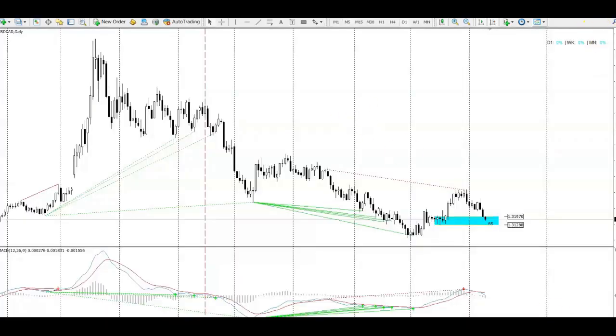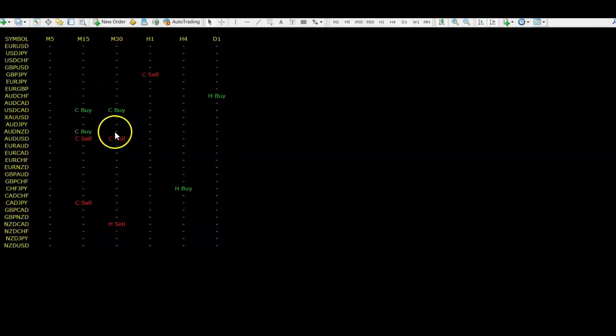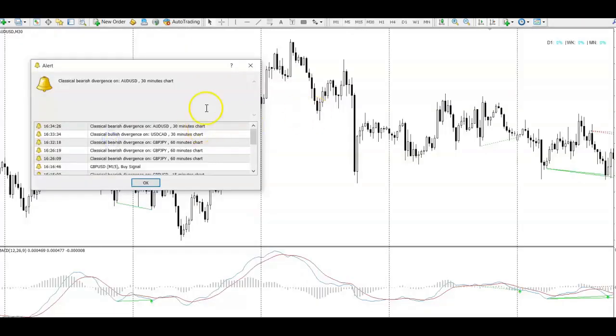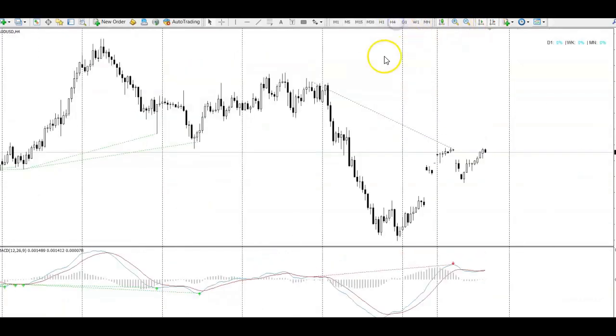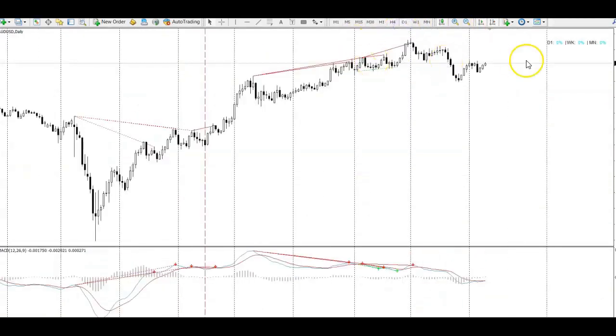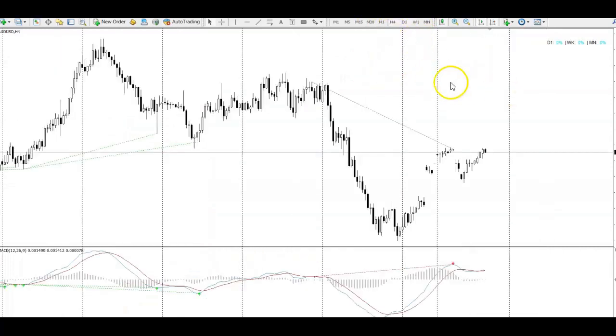So very nice one there. Aussie USD, it is giving me a sell signal at the minute. We'll just flick over and see what we're looking at here. Okay, the market has broken out of this long-term trend here in the daily chart. We're coming back up. Would I look to sell this here?